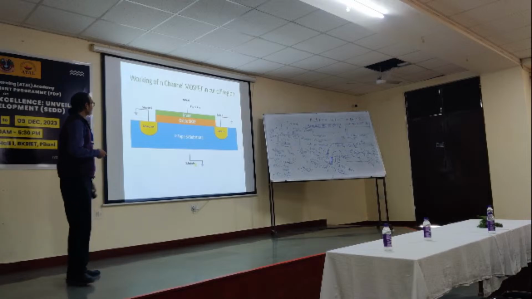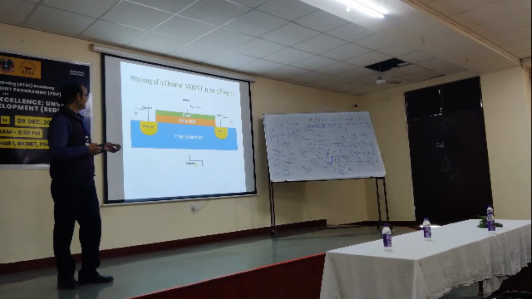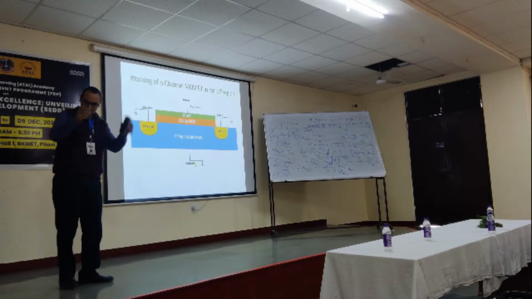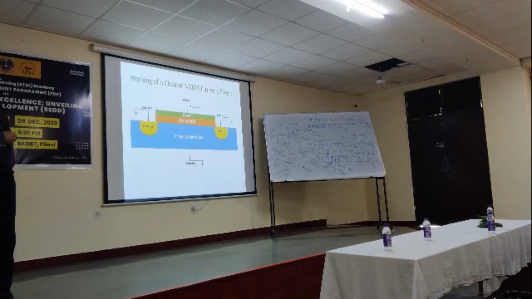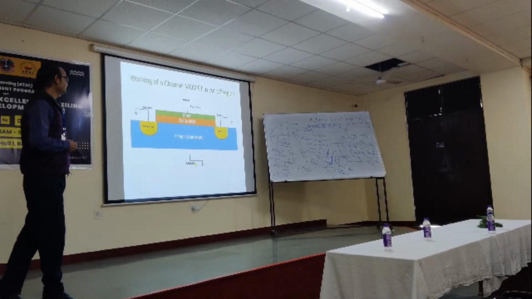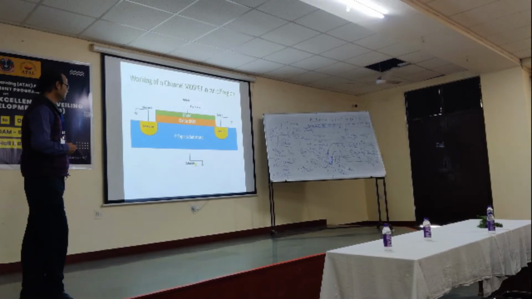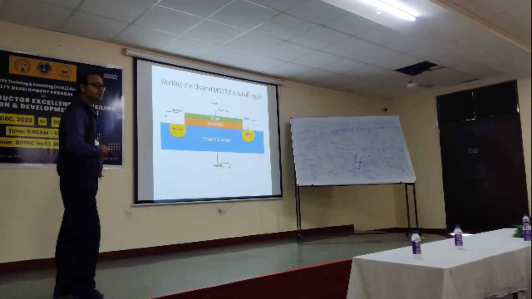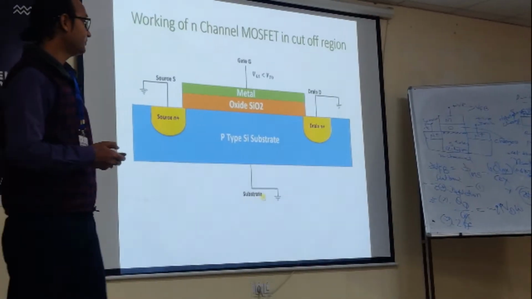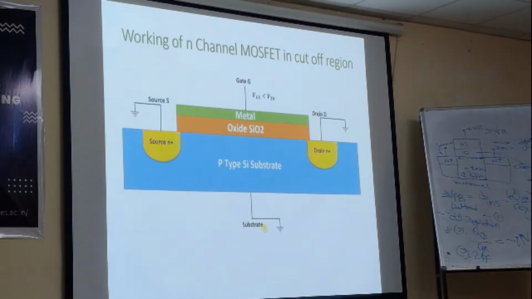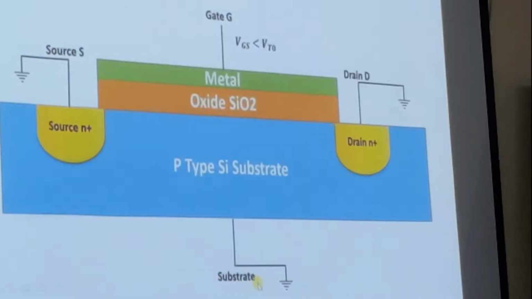I want you to watch this picture and tell whether it is correctly written or not. It is cut off. So which voltage decides that it is cut off? This one. The gate to source voltage is below threshold voltage. What was threshold voltage?